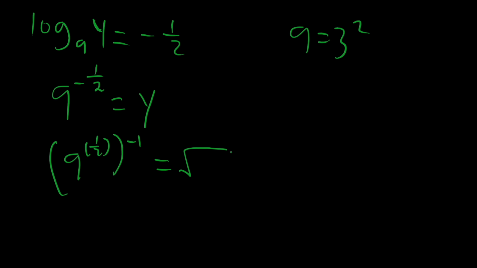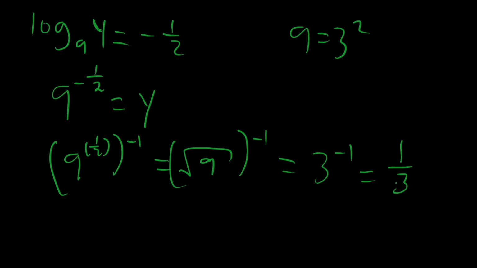So this is equal to the square root of 9 to the power of -1, which is equal to 3 to the power of -1, which is equal to 1 over 3. But it will be easier if you change 9 to 3 squared and then take the 2 to the front.